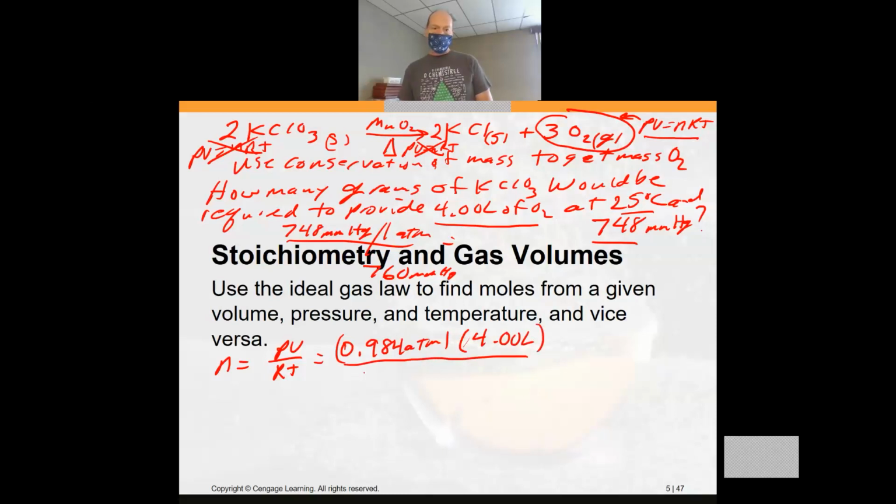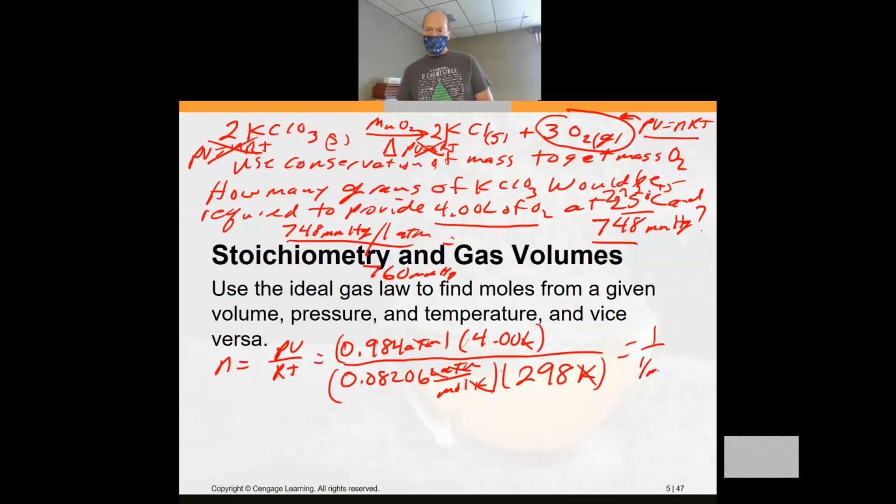The R value is given: 0.08206 liter atmosphere per mole Kelvin. And the temperature has to be in Kelvin always. 273.15 plus 25 is 298 Kelvin. Now everything cancels except for 1 over mole as the units, so we invert and multiply.